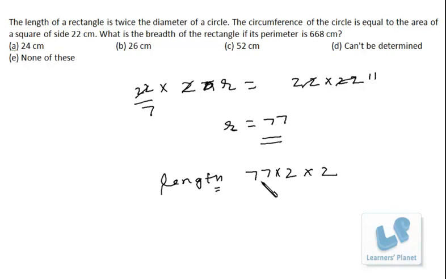So this length is of single time. So if I double it, that is 77 into 2 into 2 into further 2, that is 8. If I deduct this from 668, I'll be getting 2 times breadth, right? So breadth will be this calculation divided by 2.